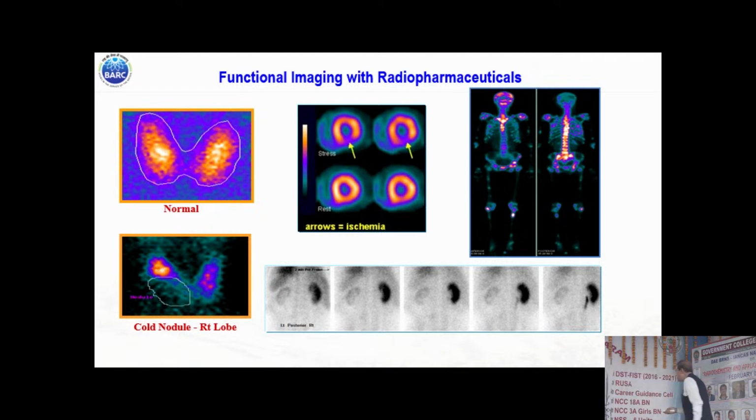Last example, this is the image of a child. See, the radiopharmaceutical is so safe that we can use it even in a few months old child. So, you can see these are the kidney images. We have injected some radiopharmaceutical, and you can see the tracer is going in one of the kidneys. So, the left kidney is working, the right kidney is basically not working because the tracer has not gone there. We have injected some radioactive preparation in the patient's body, and if both the kidneys are working, both should be equally hot.